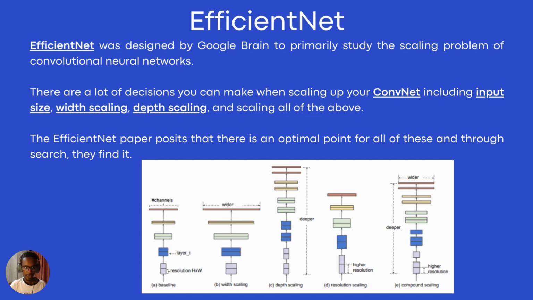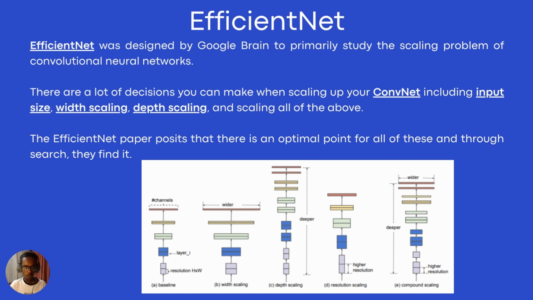The next network that they tried was EfficientNet, and EfficientNet was designed by Google Brain to primarily study the scaling problem of convolutional neural networks. And there are a lot of decisions you can make when scaling up your ConvNet. So EfficientNet, as you can see from its name, they wanted to make the network more efficient.